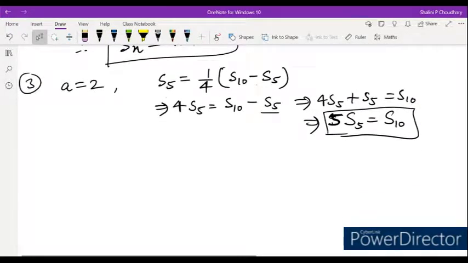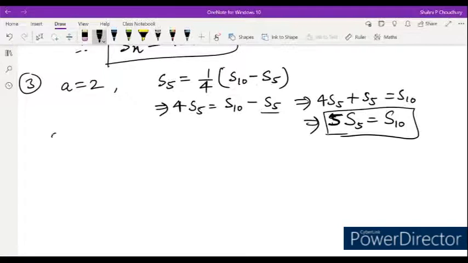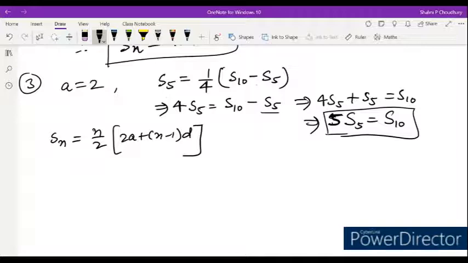First of all, we have the value of a. So first, S5 will be equal to n upon 2. Okay, Sn, first of all we'll write the common formula, that is Sn will be equal to n upon 2, and here we don't know the last term, so we can use this formula 2a plus n minus 1 into d. So S5 will be equal to 5 upon 2 into 2a.